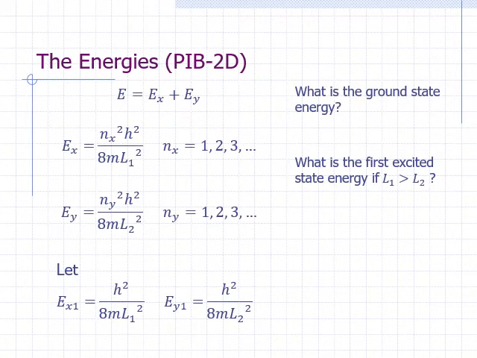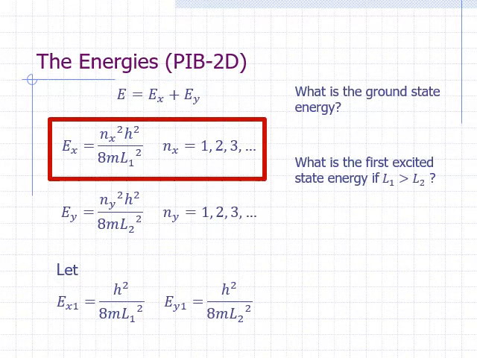We have seen that the energy of the particle in a rectangular box is equal to E sub x plus E sub y, where E sub x is n sub x squared times h squared over 8m L1 squared, if L1 is the length of the box along the x-axis, and the quantum number n sub x is restricted to non-zero integers.